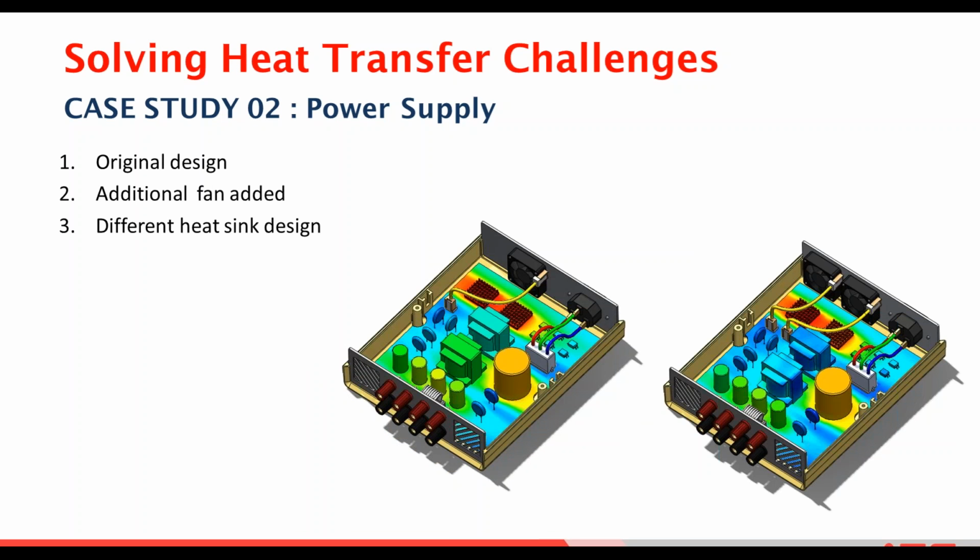What we have gone through: original designs, running the studies, cutting the temperature plots and the flow trajectories. Then we added additional fans to see whether the temperatures decreased after the studies. We also varied between different heat sink designs.